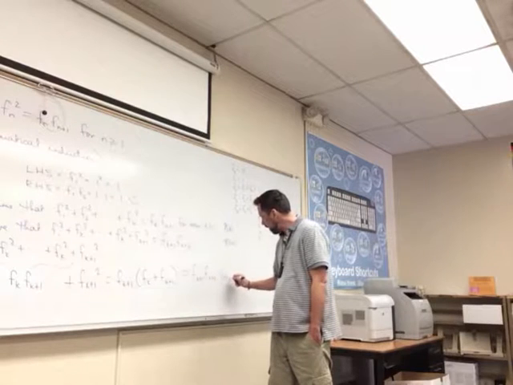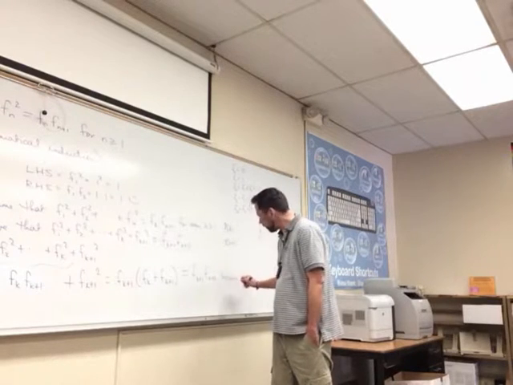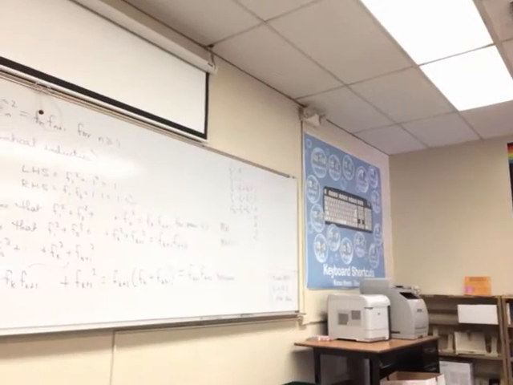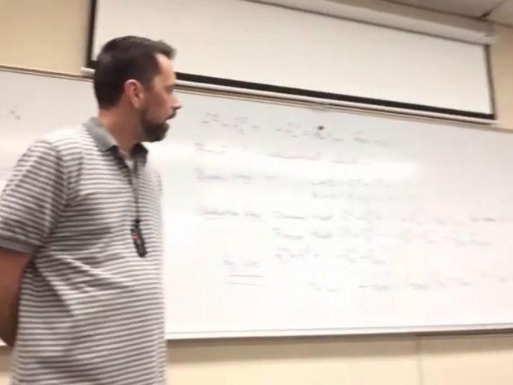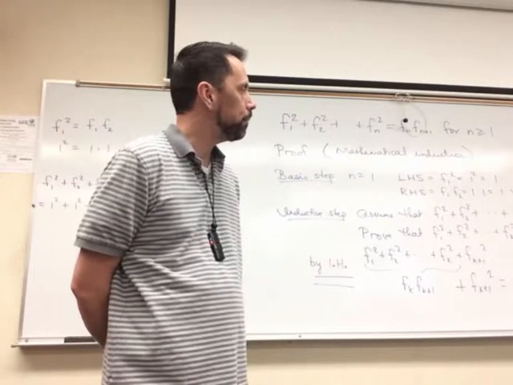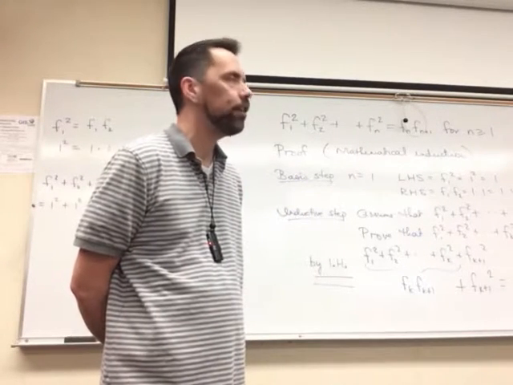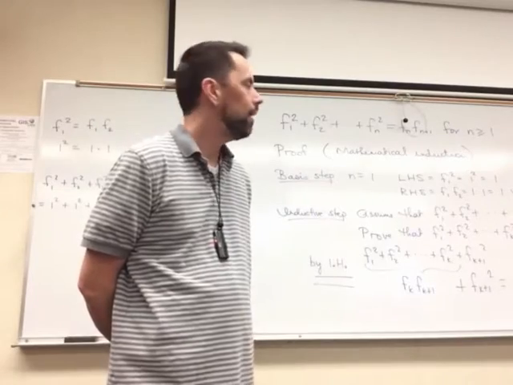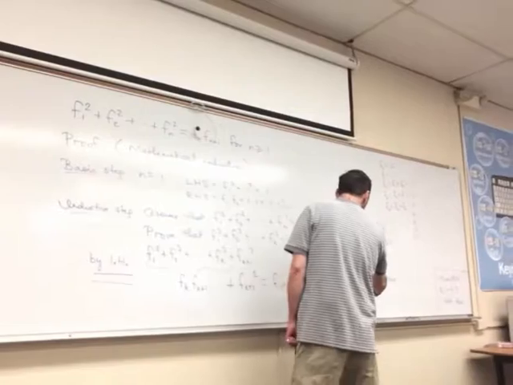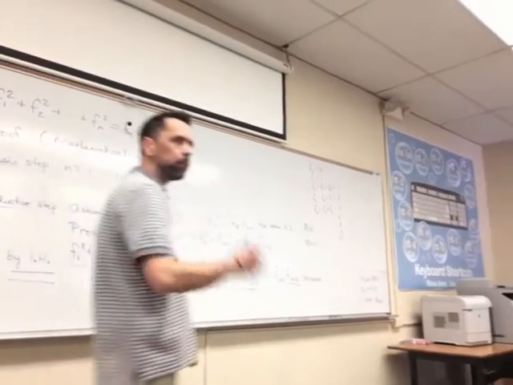So I'm going to say because, and I want you to think about how you would finish that sentence. f sub k plus 1 times f sub k plus f sub k plus 1 is equal to f sub k plus 1 times f sub k plus 2. Why is that? In other words, somehow I was able to replace this with this.